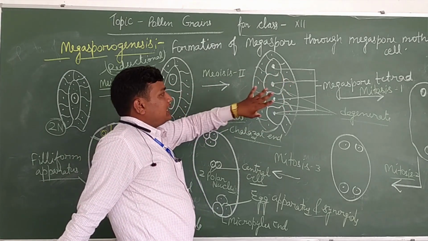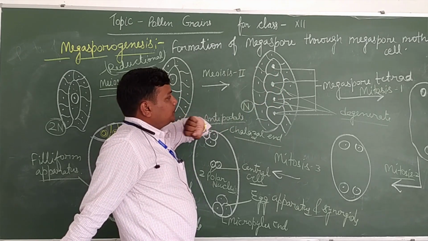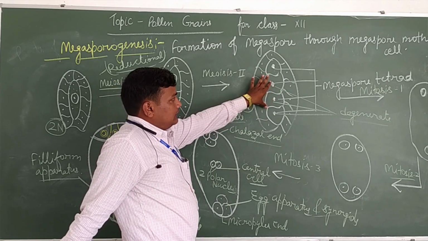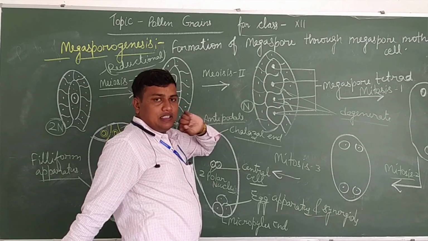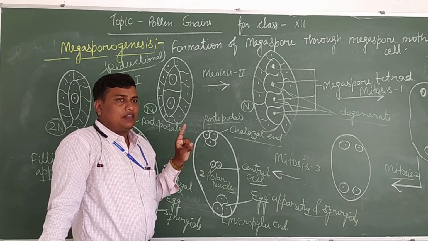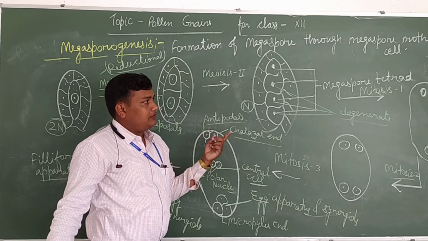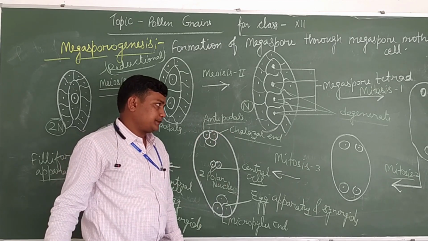Tetrad means 4 megaspores form. Now 3 megaspores degenerate, and only 1 functional megaspore is left for the further process.